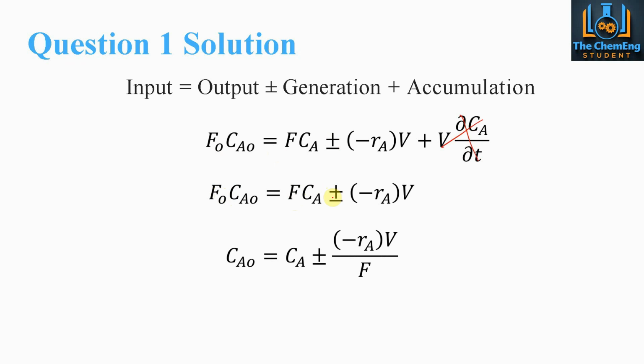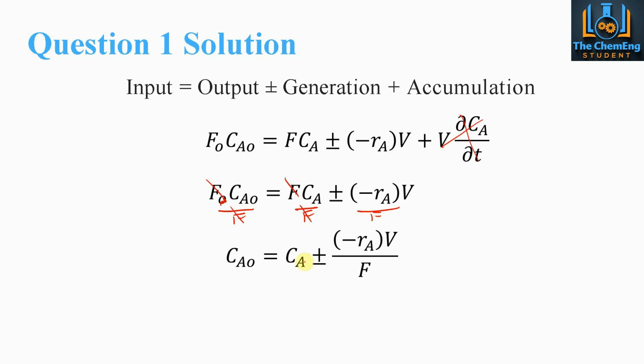So what we can then do is make F naught and F equal to each other, and then divide both sides by F. When we divide every term here by F, that would cancel with that, and that would cancel with that, and we're left with this expression here.